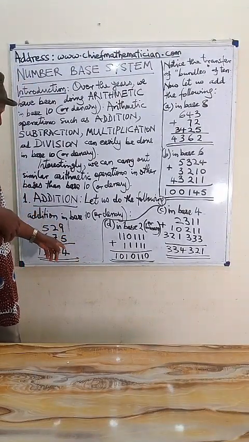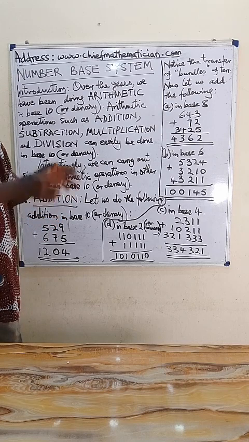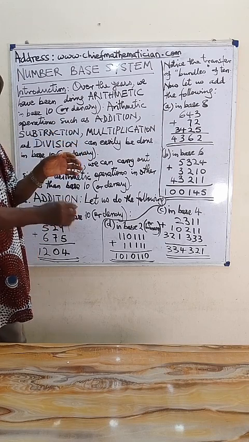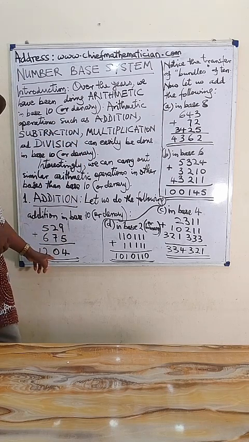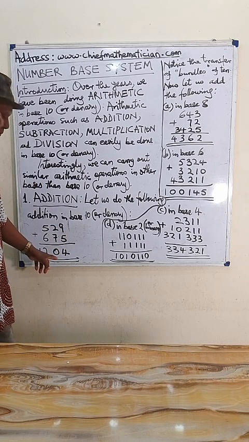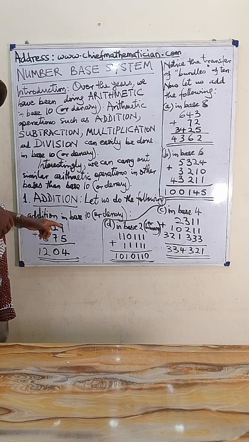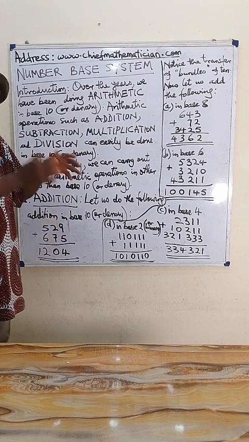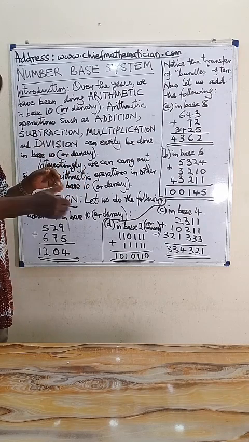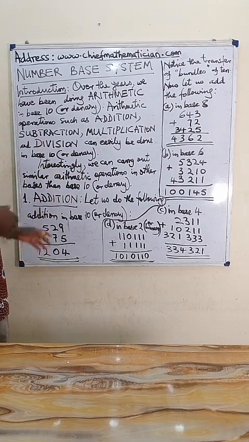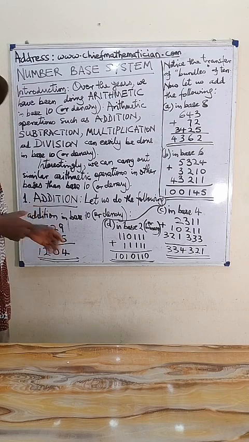Here now, you are getting 10, which gives you one bundle of 10, remainder 0. You put down the 0 and carry that one bundle of 10. You add it to 6, get 7, add it to 5, and you get 12. The 12 means one bundle of 10 and 2.